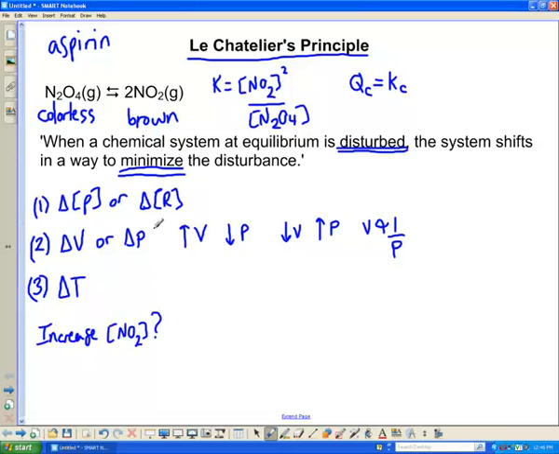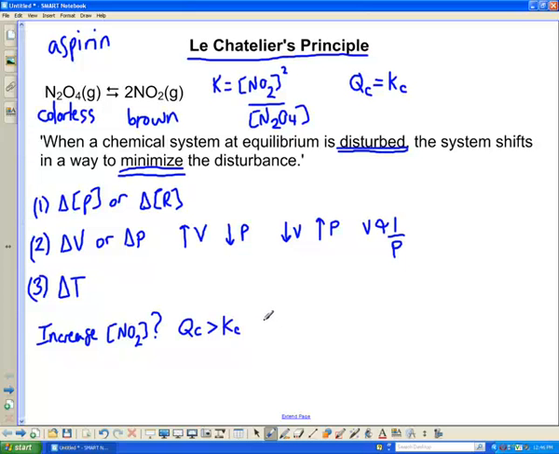If we increase our concentration of NO2, what's going to happen to this? Well, this is going to increase. If this increases, what's going to happen to our value here? For one thing, we aren't going to have equilibrium anymore, so our value of Q is going to increase. So if we do that, our value of Q gets bigger than our value of K.